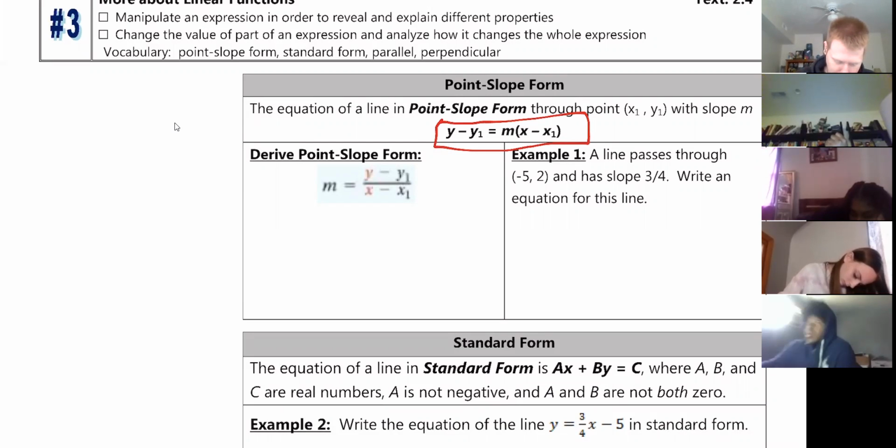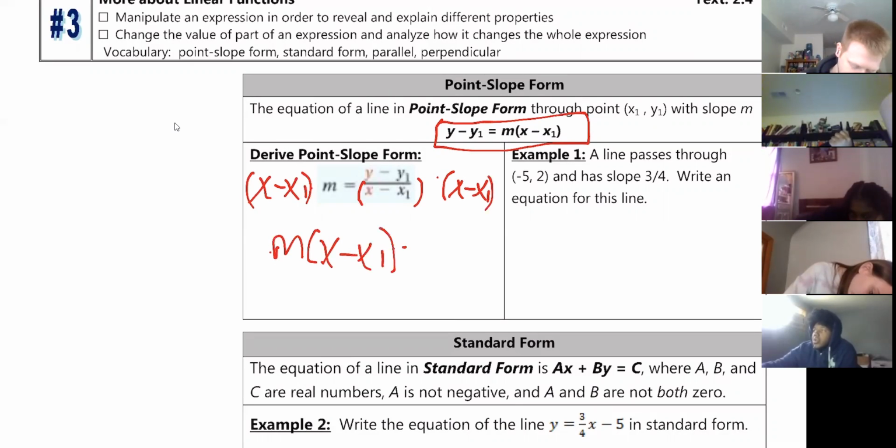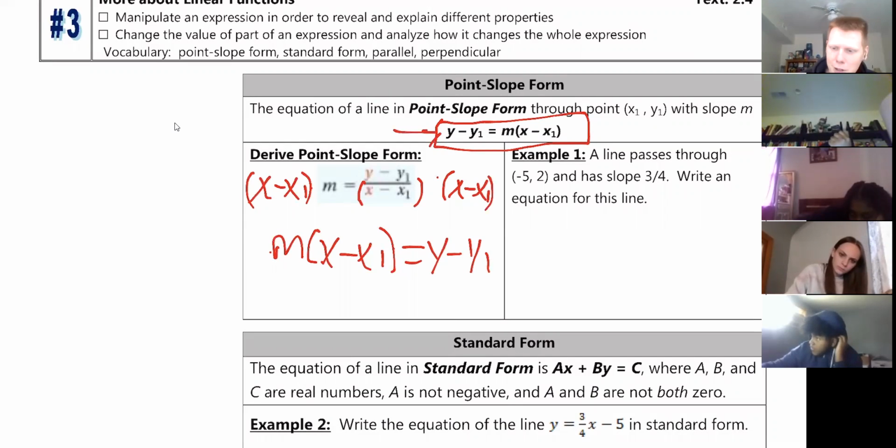This formula just comes from the slope formula. I don't know if it's really that important to work this out, but if you just multiplied this denominator across to both sides, you would get that m times x minus x1 equals y minus y1, which if you look, is what I put in this box here, just reversed.